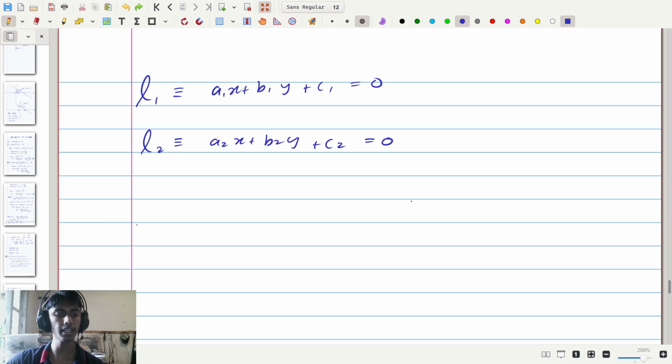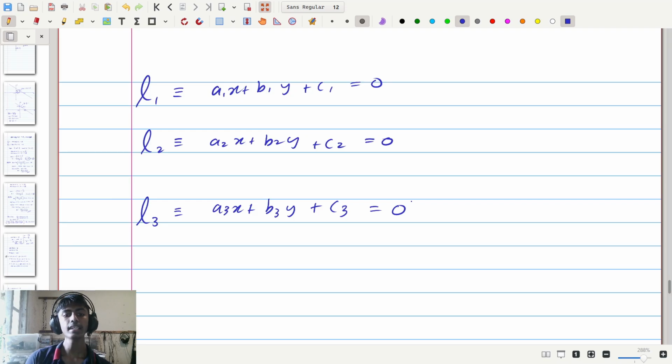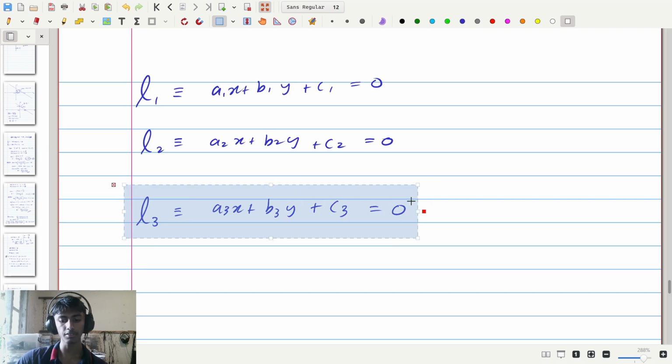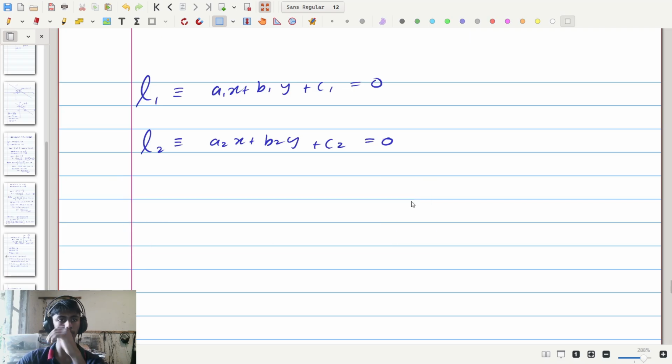So if we have a line, let's say L3, corresponding to a3x plus b3y plus c3 equal to 0, then for that line, its values a3x0 plus b3y0 plus c3 should be equal to 0 at x0, y0, where x0, y0 is the intersection of the first two lines. Now then, there is actually an easy way to find L3. In fact, we can find an infinite family of L3s.